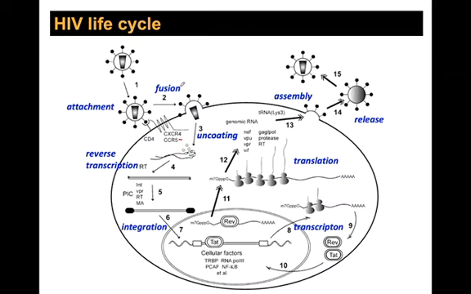Now, once it binds, it fuses, it uncoats. There is reverse transcription, right? This is by the reverse transcriptase. That then is integrated into the genome. And you have these accessory proteins that modulate when the virus is actually going to transcribe and make new genomes. So if it gets transcribed, some of these genes are made, and they then regulate expression of the genome.